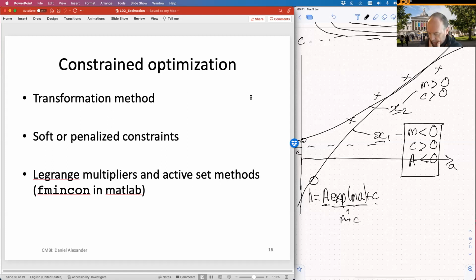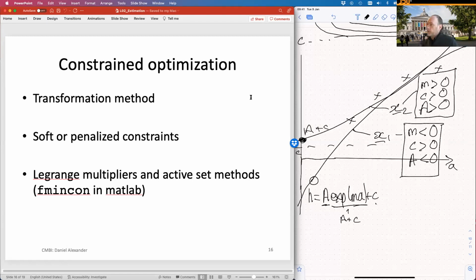And the intercept is now higher than our asymptote because it continues to decrease as we go into the negative end of the a-axis. So I think we can also infer that A must be greater than 0 because our intercept is at A plus C. So it looks like these are the constraints that characterize the solution that we're looking for in this particular problem. So we might then reapproach this problem and say, okay, only find us solutions that have positive values of M, C, and A.